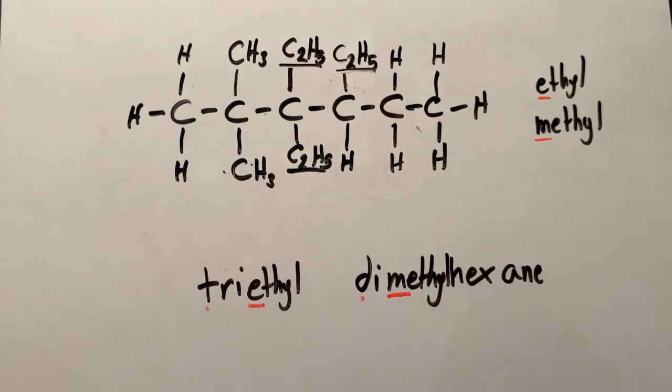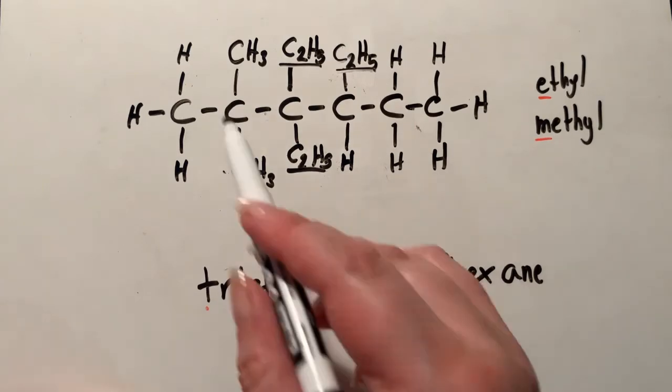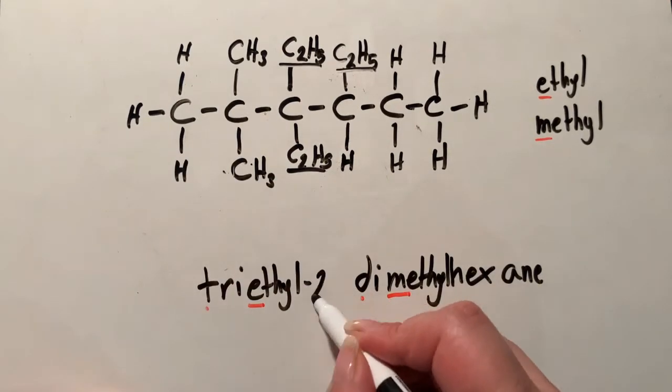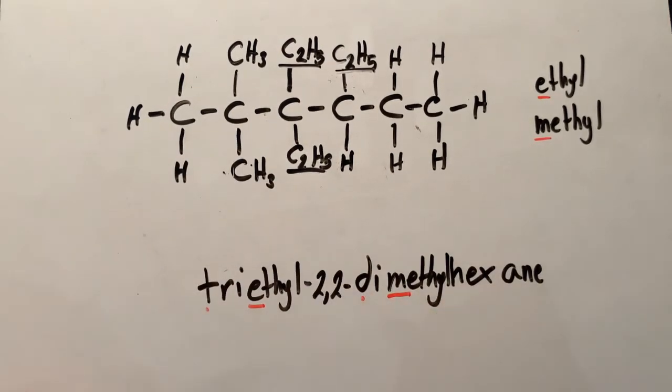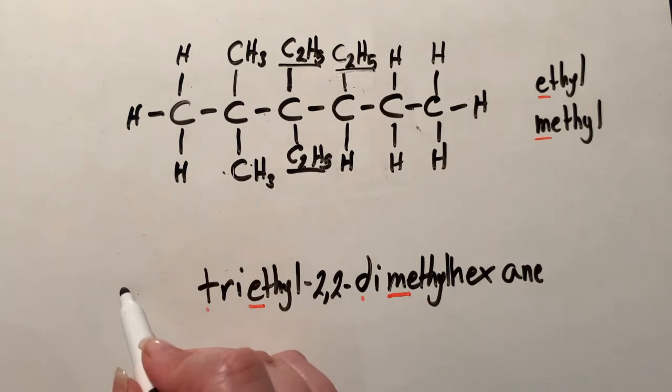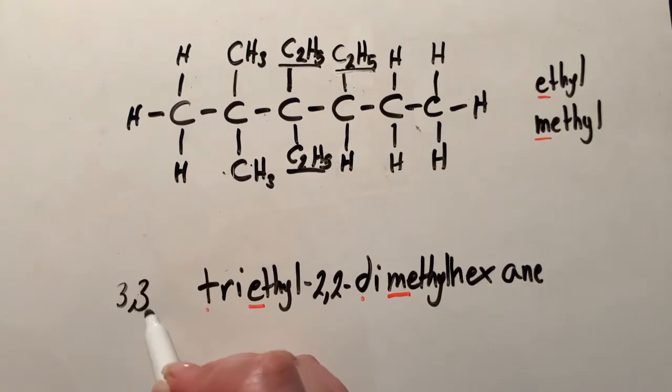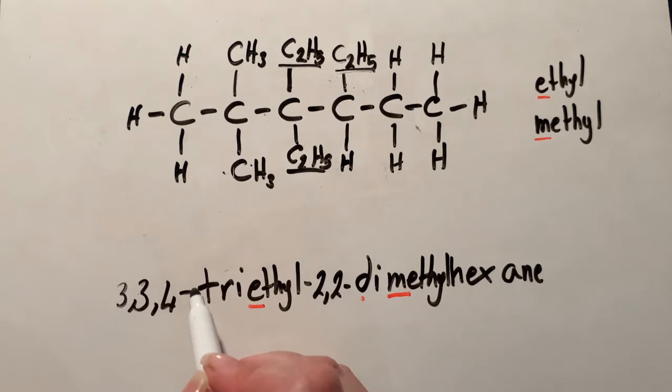Just for completeness, we'll pop in the numbers for that. Our dimethyl are going to be on carbon number 2, and our triethyl will be on carbons 3, 3 and 4.